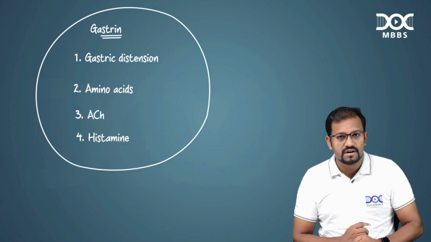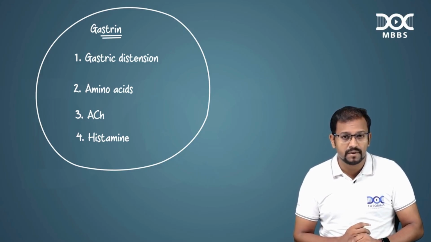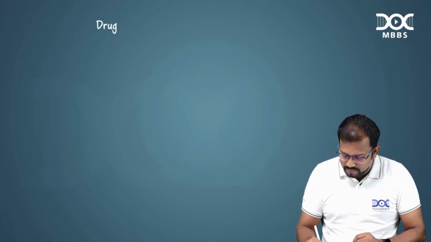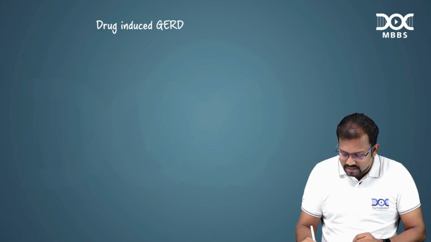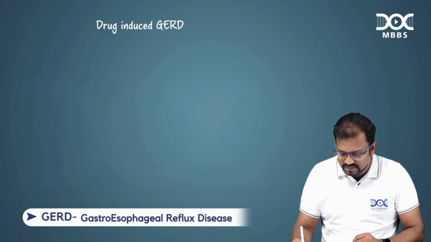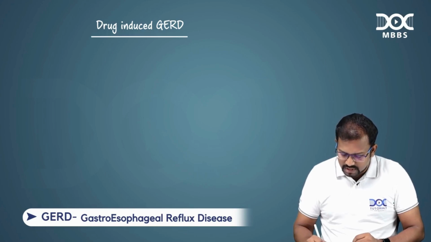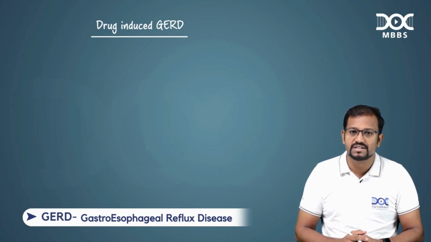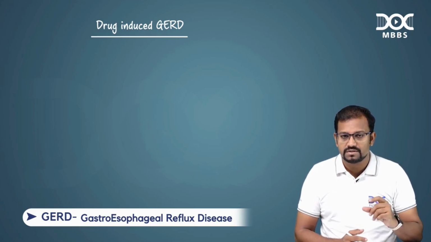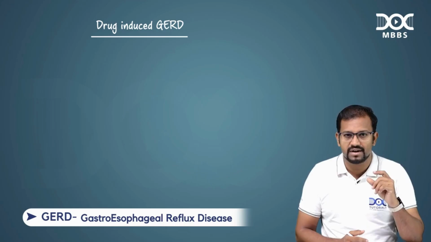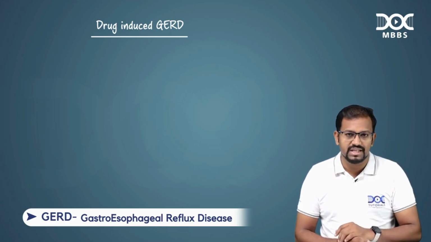Now what are the different drugs which might induce development of GERD? Drug induced GERD. I'm talking about GERD, guys. What is GERD? Gastroesophageal reflux disease. This is because of those drugs which increase the reflux of gastric acid from the stomach towards the esophagus, so the esophageal mucosa gets damaged, and that is what GERD is.